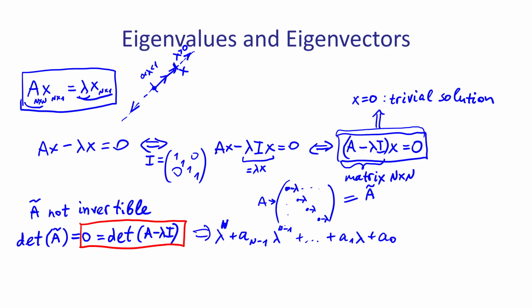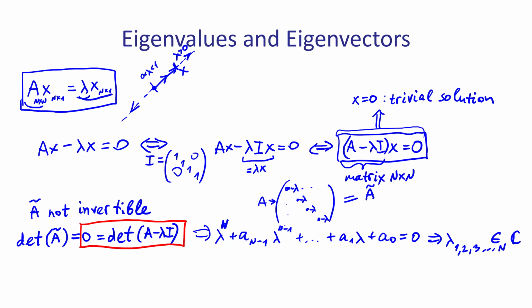So you will have all kinds of coefficients from a n minus 1 to a0, and this polynomial will be equal to 0. From here you will have roots of that polynomial lambda 1, 2, 3, and to n, which belong to complex or real numbers.